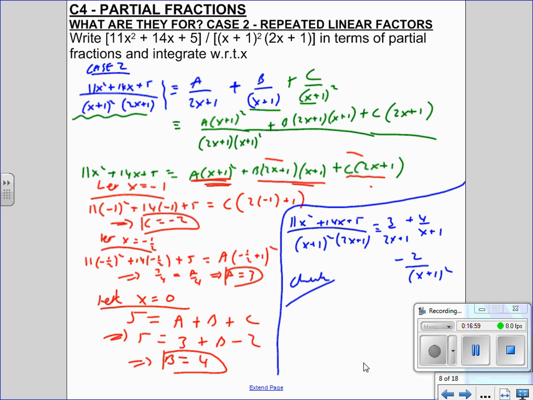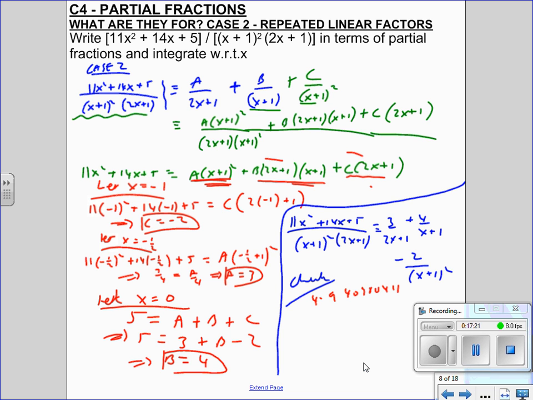So we'll use 0.01. So 0.01 in both sides. Make sure you're doing this at the same time. 11 times 0.01 squared plus 14 times 0.01 plus 5, using that answer button trick, over answer plus 1 squared, 2 answer plus 1, equals. So you should get 4.940980411.